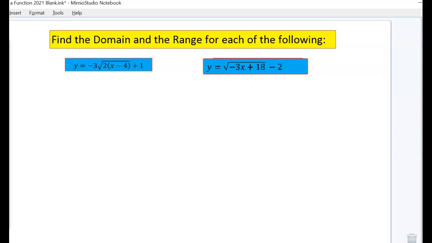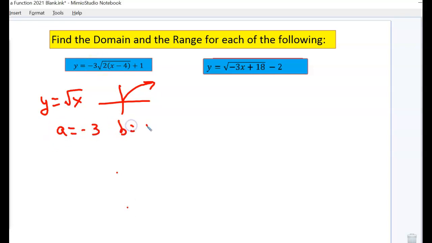So now we have to think of our transformations. Remember, we have root x. Its basic graph looks like this. Now let's take these transformations bit by bit. First of all, a is -3. So we know that a is -3, b is 2, h is 4, and k is 1.